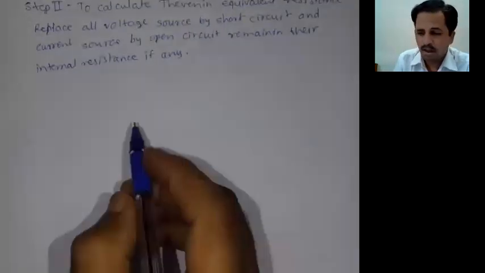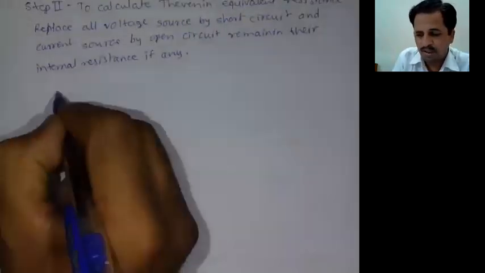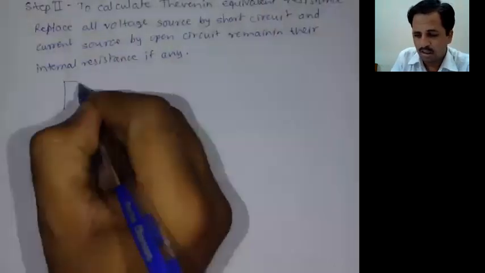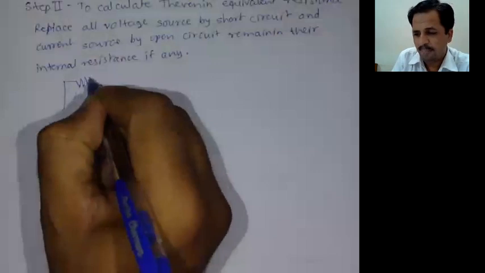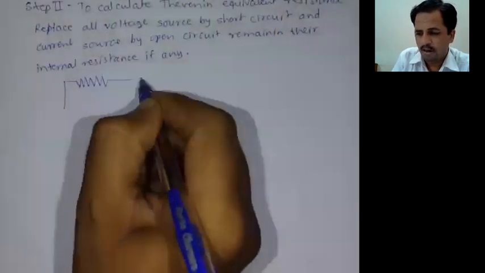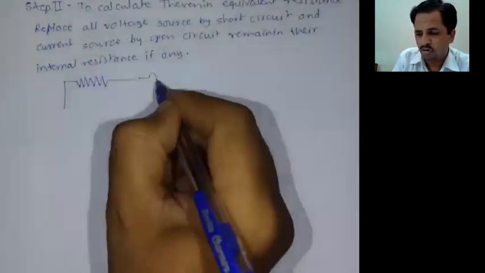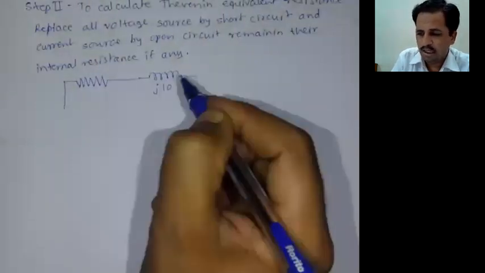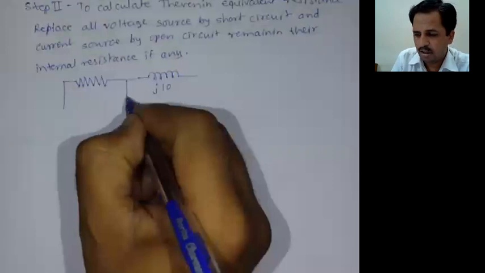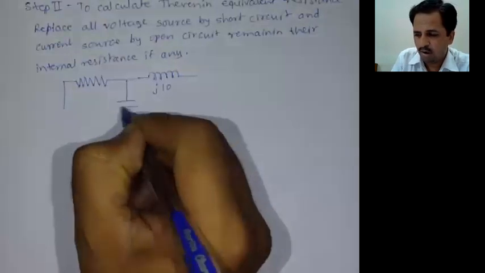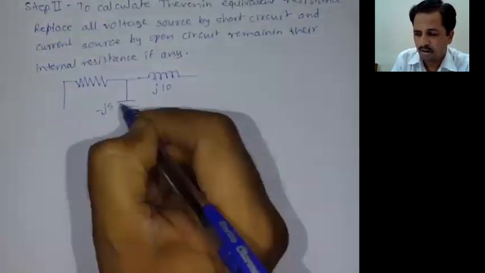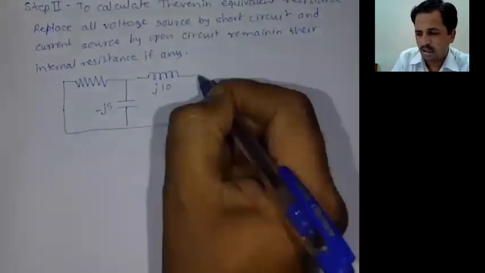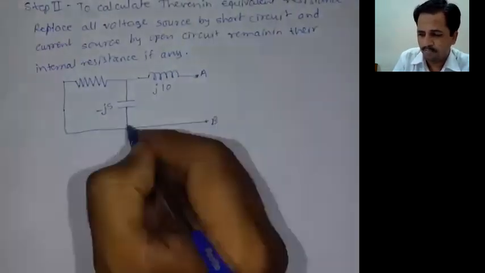Then the circuit must be simplified, and here it looks like this. It is a 10 ohm resistor. Then here the inductance coil, whose value should be J10, and the capacitor having the value minus J5, and these terminals are represented as A terminal and B terminal.